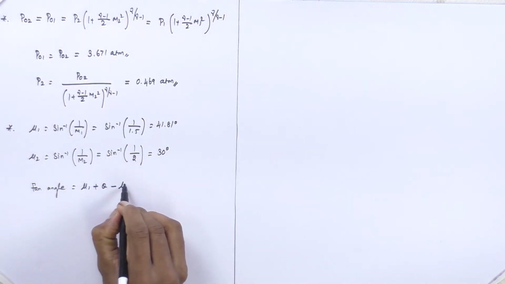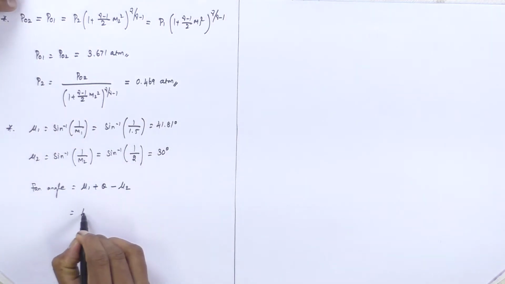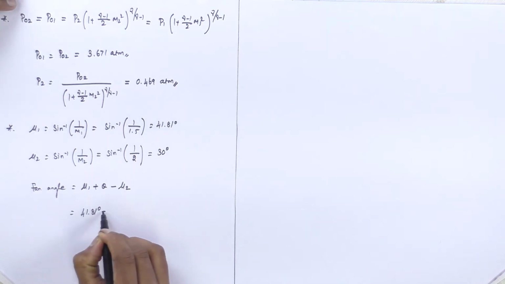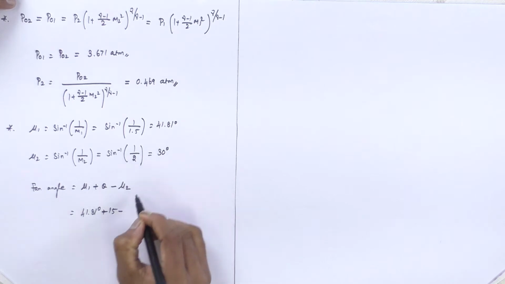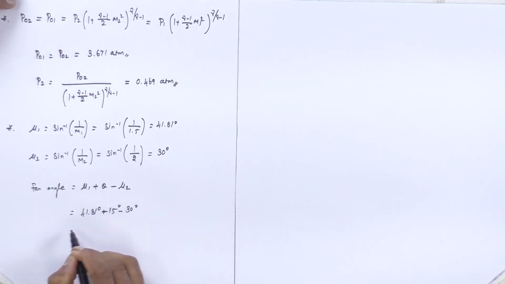So minus mu2, where mu1 is 41.81 degrees, theta is 15 degrees, and mu2 is 30 degrees. After the calculation, the expansion fan angle will be 26.81 degrees.